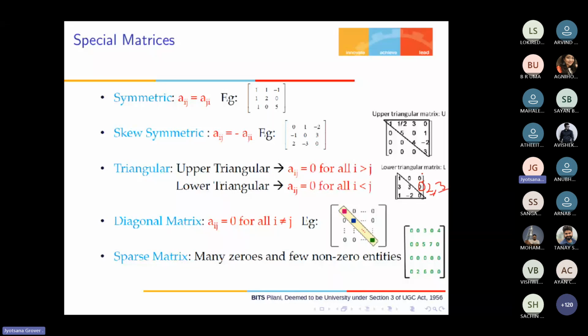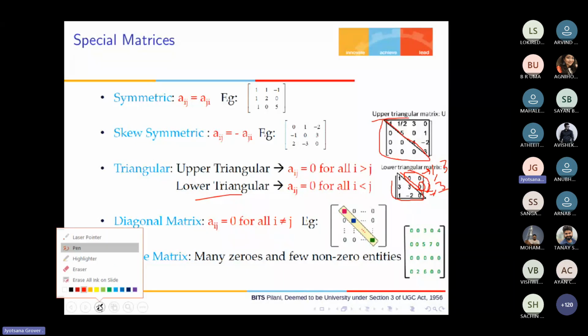Similarly, you can take this entry. This entry is first row, third column. So i is less than j. So lower triangular means the entries above the diagonal should be 0. And for upper triangular, the entries below the diagonal are 0.